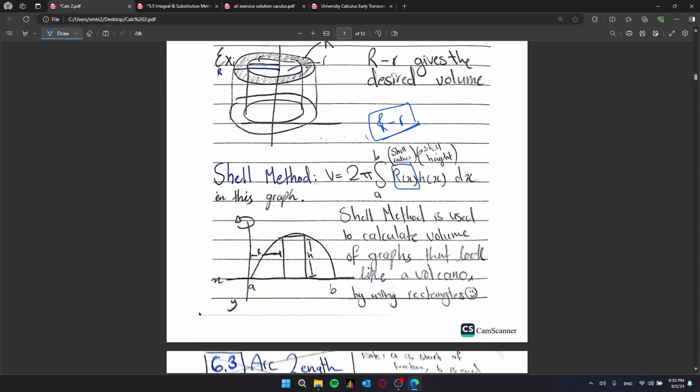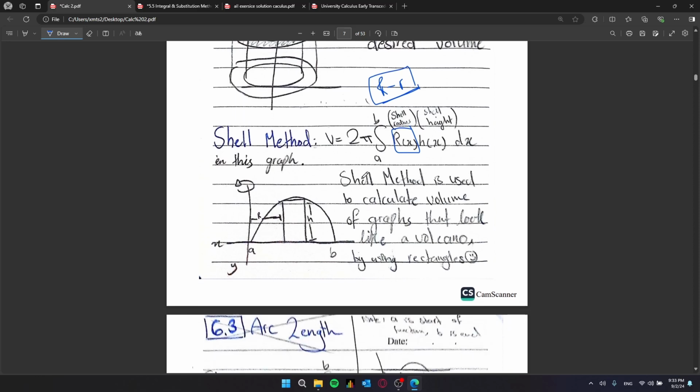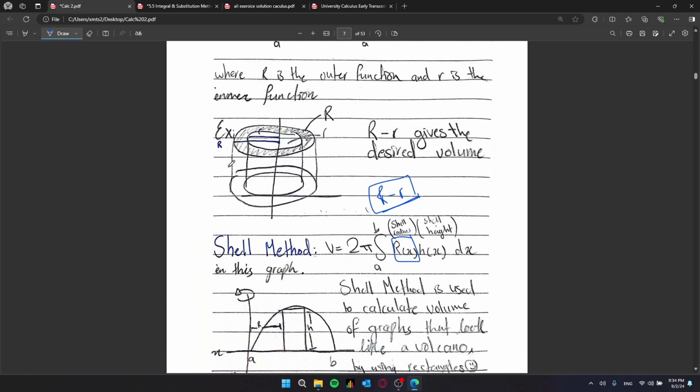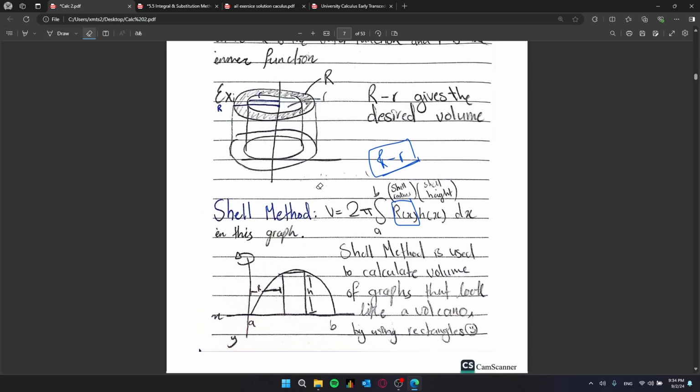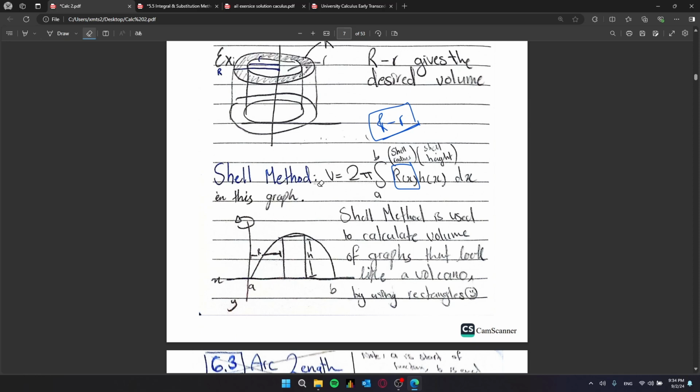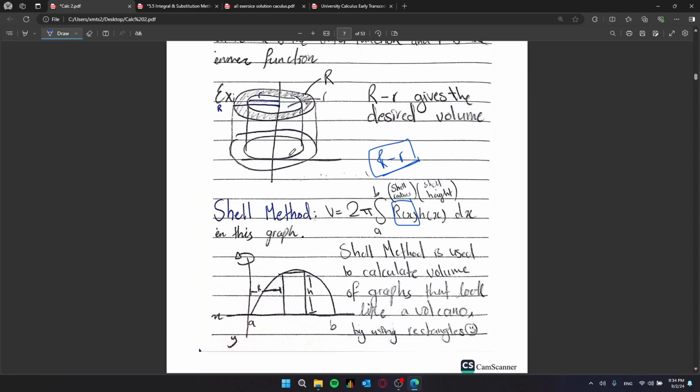So what you do here is you calculate volumes that look like a volcano, essentially. This looks like a volcano if you view it creatively using rectangles.